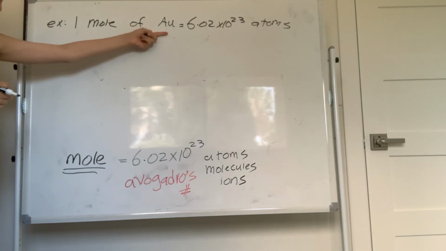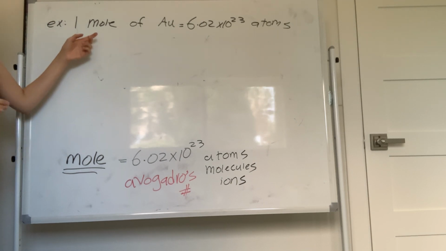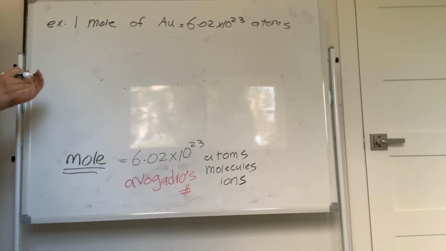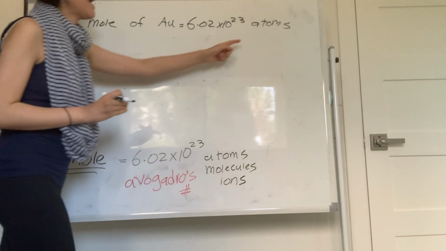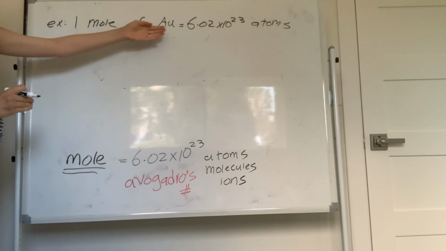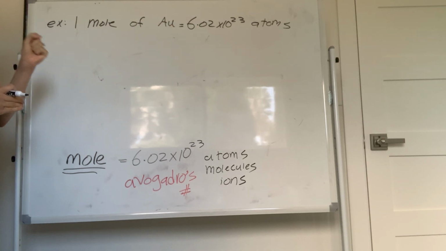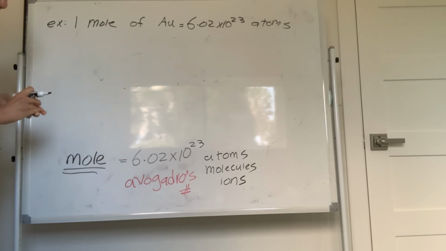Because what is Au? Au is an atom. Because 1 mole, that would be 1, Au is an atom. You get that good so far? So Au is an atom, so it will be 6.02 times 10 to the 23rd atoms.